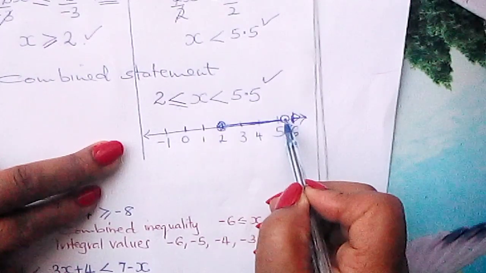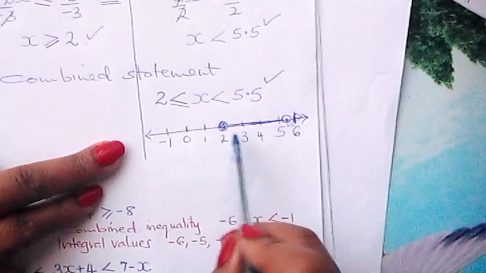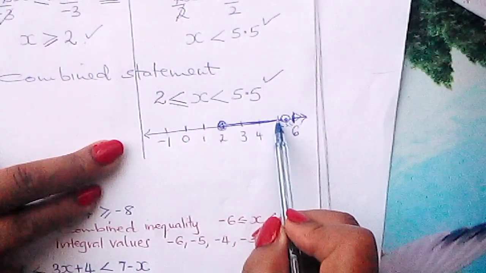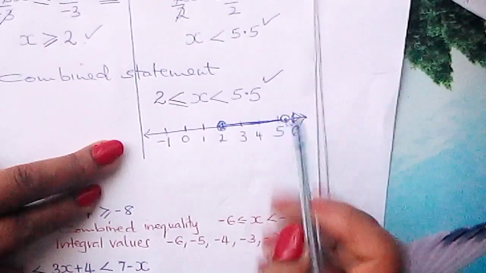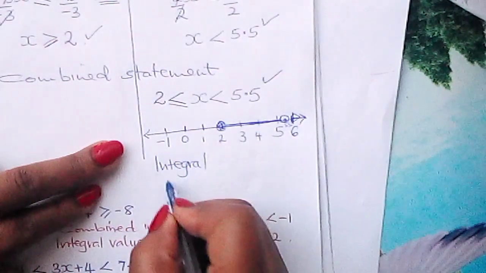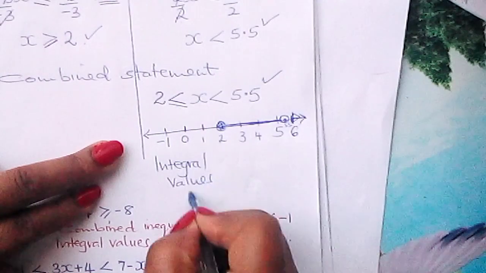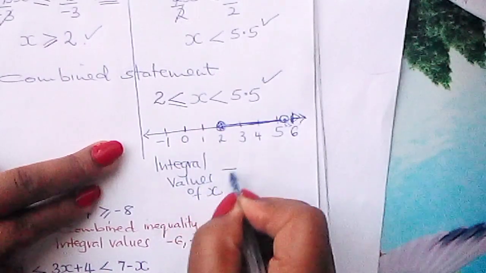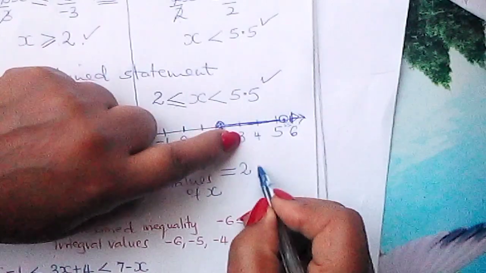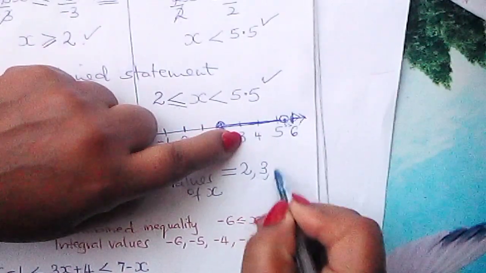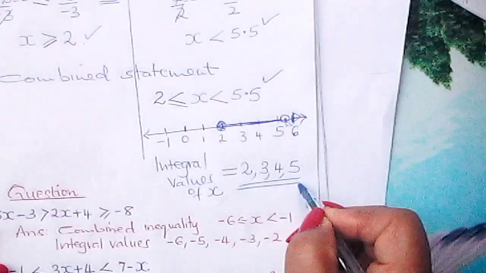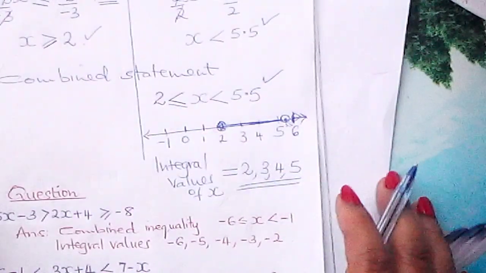So the integral values of x are 2, 3, 4, 5. There we are. So we have 4 integral values of x.